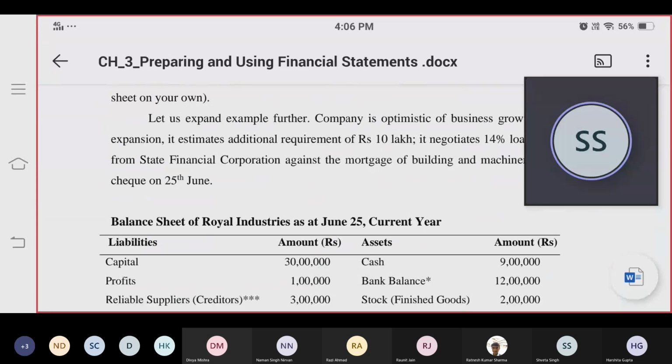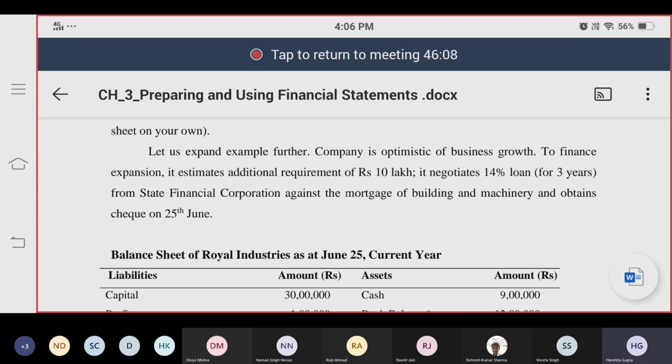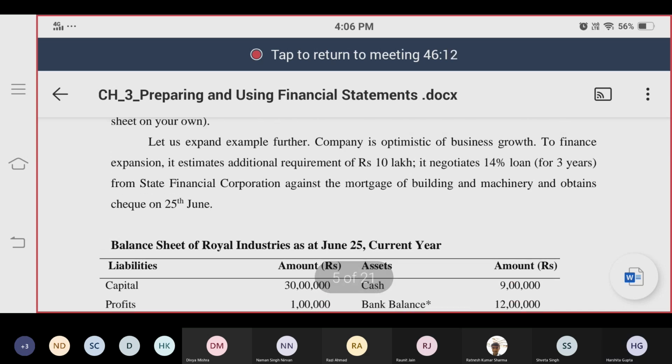Please download it on your own laptops and you can just follow it with us in case there is any issue in seeing the video or the screen. Okay? So, Harshita, can I carry on then? Yes, ma'am, sure. Okay, Harshita, it is showing my name on your screen. Can you remove that or minimize that? It is showing it on the document. Yeah, ma'am, is it fine? Thanks. Okay, fine.